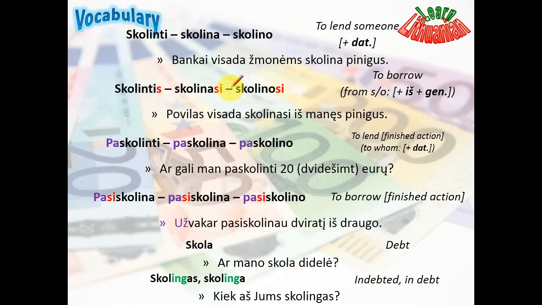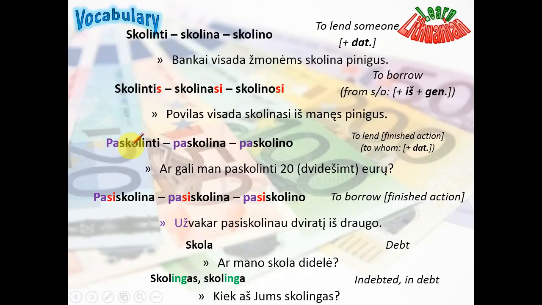Well, to borrow, if you do it for yourself. So skolinti is an action done for other people, and skolintis is related with yourself. So you yourself borrow.